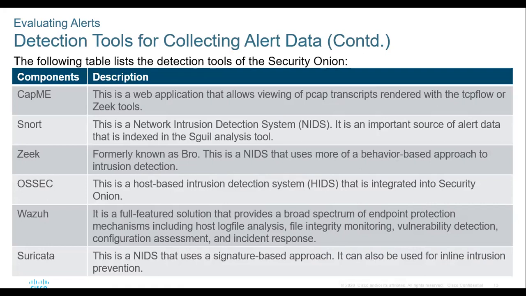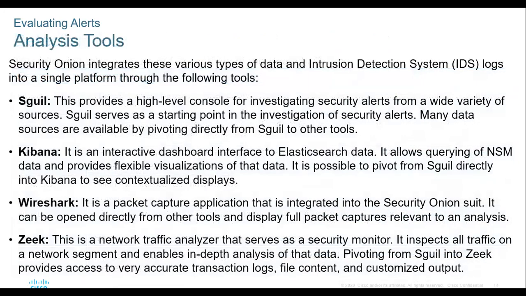It also includes some additional features such as reputation-based blocking and support for graphics processing unit, GPU, multi-threading for performance improvement. Okay, so that's what you get with Suricata. Let's go to the next slide.